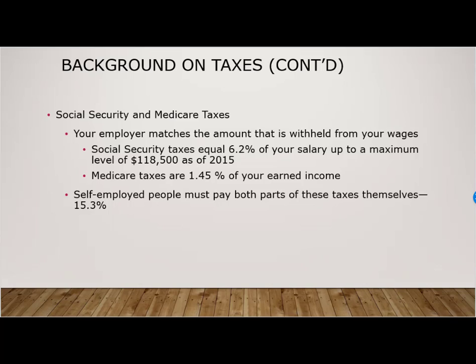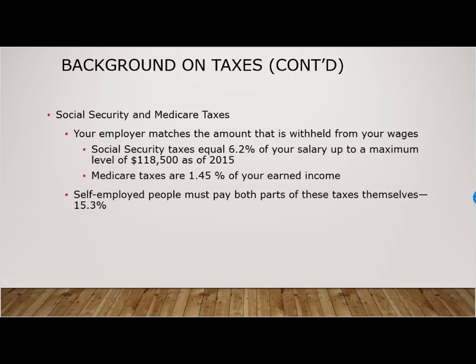As far as who pays for this, it's all paid through the Social Security and Medicare taxes. Social Security taxes are about 6.2% of your salary, up to a maximum of $118,000. Again, Medicare taxes are 1.45% of your taxes. Self-employed people have to pay two parts.